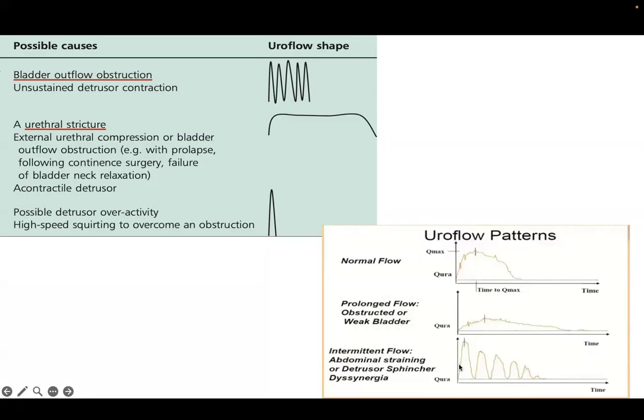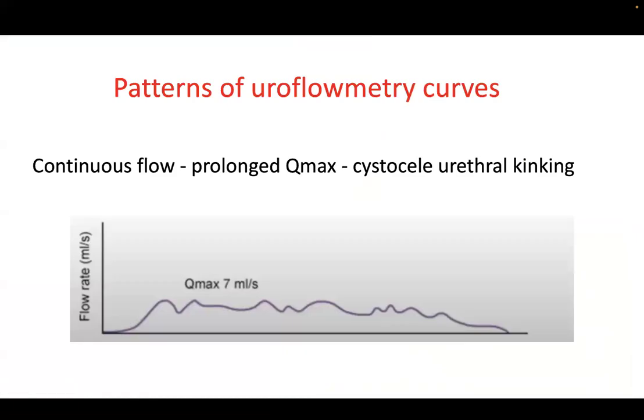Intermittent flow we find in unsustained detrusor contraction, that is in case of abdominal straining or detrusor sphincter dyssynergia. Here in this picture we can see reduced Qmax and continuous prolonged flow. In case of cystocele, which causes urethral kinking, we can find this type of uroflowmetry.